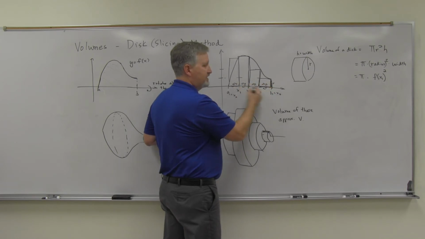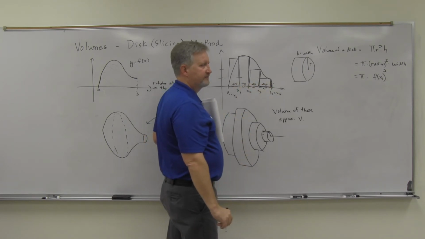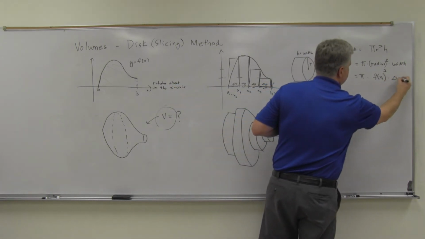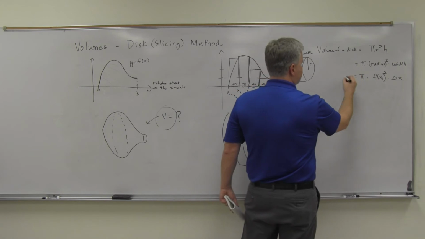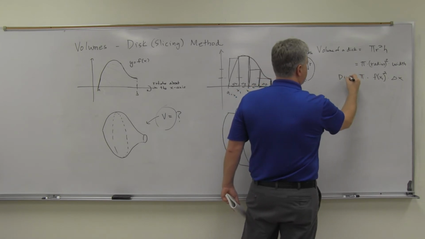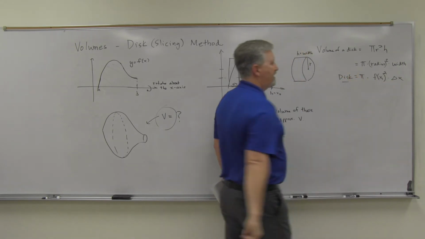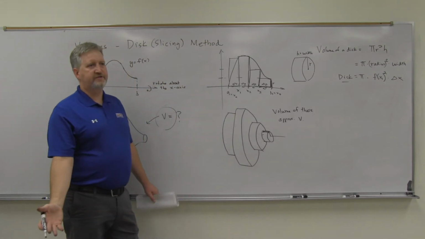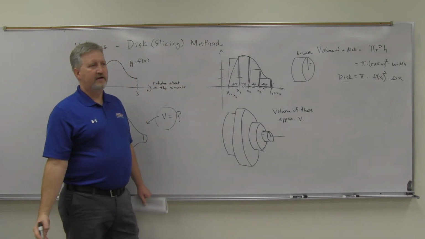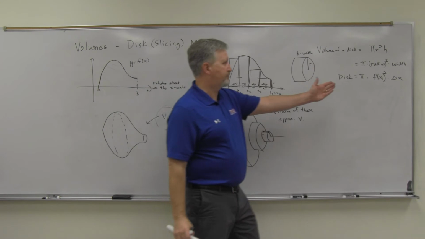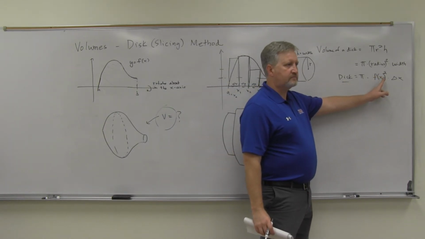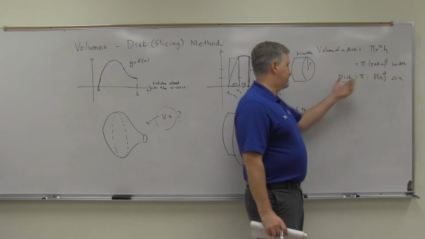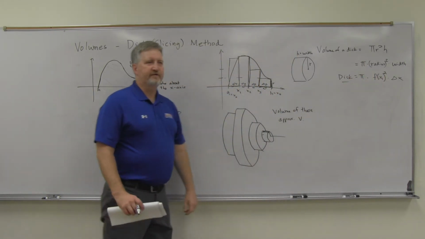The difference between each of these x sub i's is delta x. So the widths are delta x. So each disk is pi times the function at x sub i, squared, times delta x. Since I use right-hand endpoints; if it was midpoints, it'd be the x sub i bar. If I use left-hand endpoints, it would be whatever.